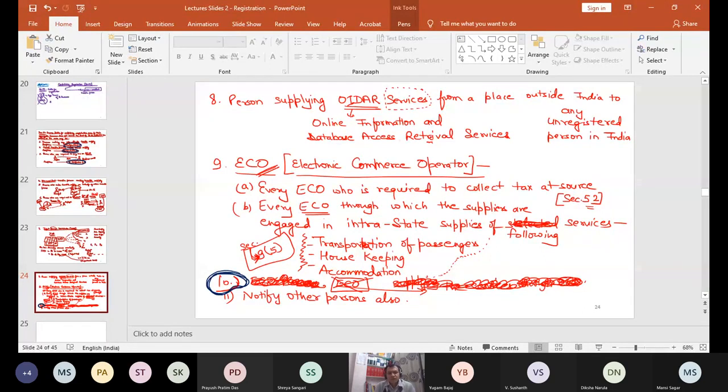So if you have any doubt related to today's discussion, where I have discussed compulsory registration situations, and I have told you that you cannot read section 24 in isolation. It has to be read along with the notifications issued as per section 23, because 23 deals with those cases where registration is not required. So 23 and 24 will go simultaneously.